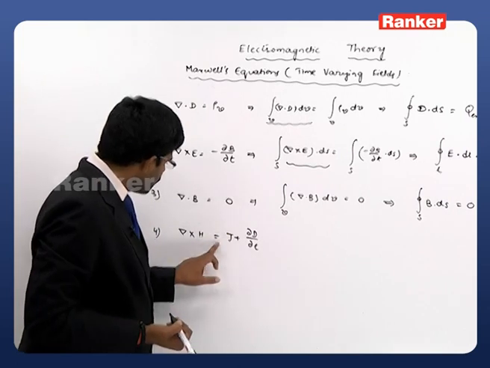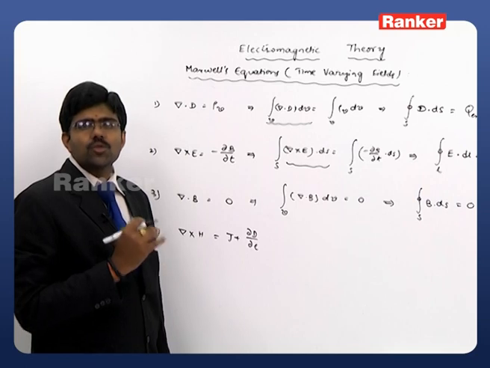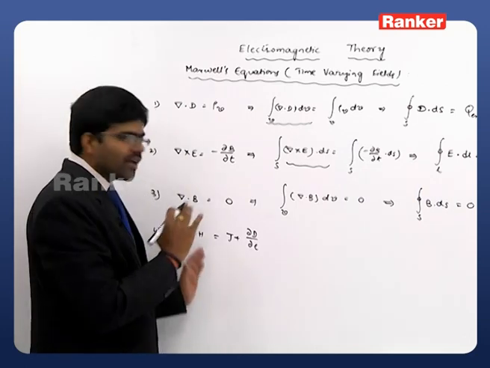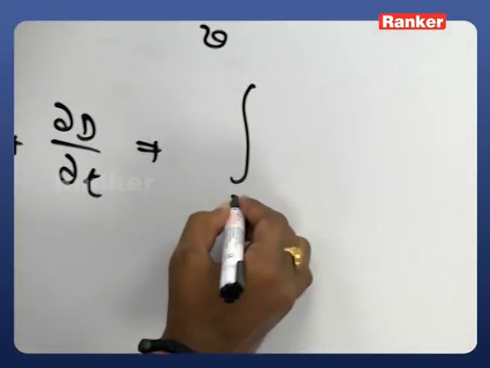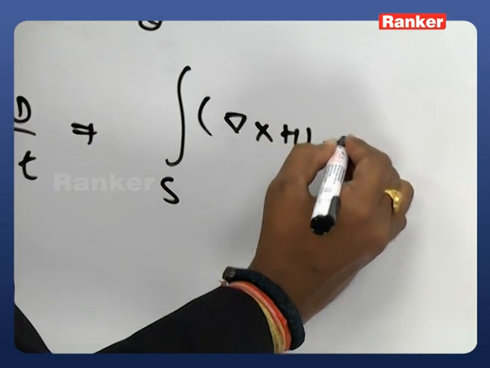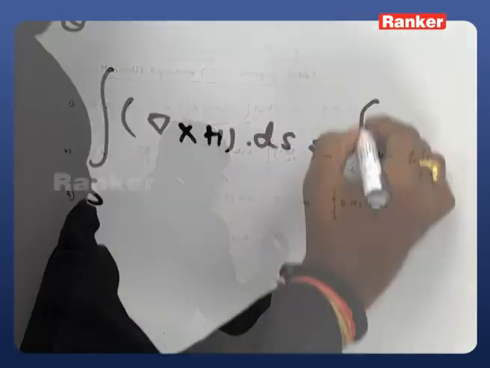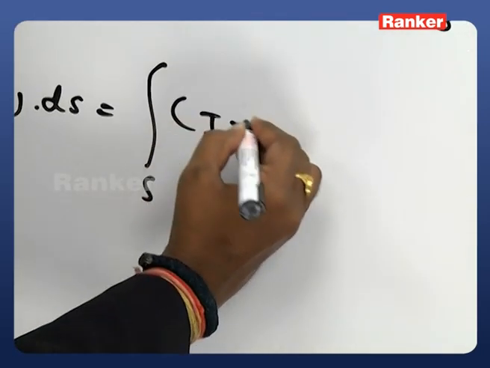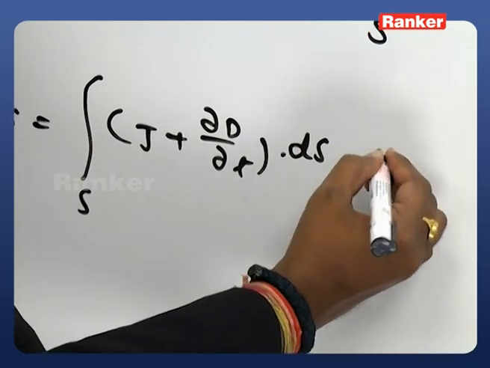Now in the same way, try to simplify this equation also. We get a curl, so Stokes theorem comes into the picture. Apply a surface integral on both sides: the surface integral of del cross H ds equals, on the right hand side, the surface integral of J plus dou D by dou t, ds.